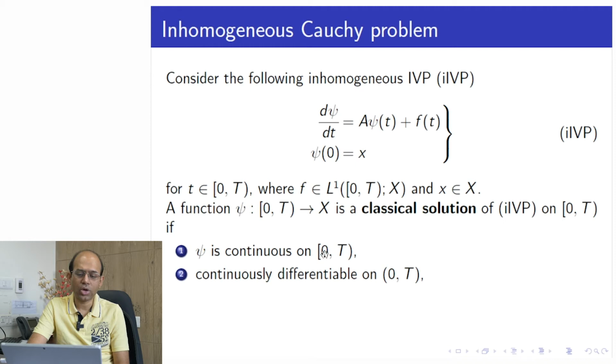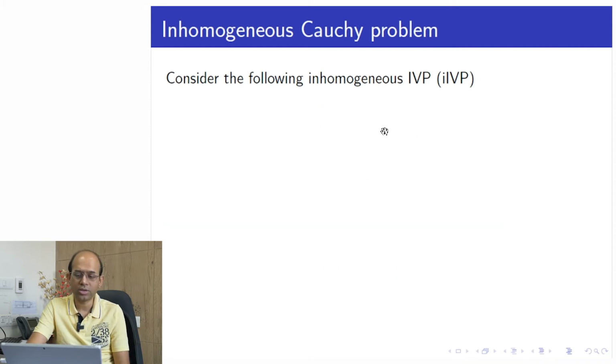First, psi is continuous on the interval closed 0 to open T. It is continuously differentiable in the interior, on open 0 to T. Otherwise, I cannot justify the meaning of the left-hand term, because we need d psi/dt to be well defined classically. Then psi(t) also should be inside the domain of A, otherwise this is not meaningful.